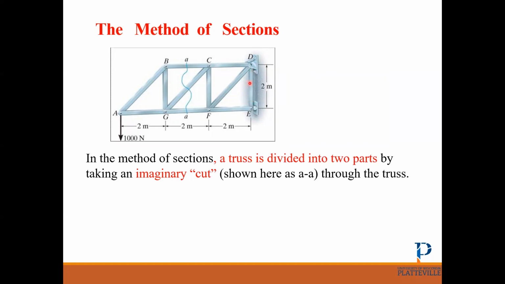If you want to use the method of joint, we need to analyze joint by joint to find BC, CG, or GF. But if we use method of section, we don't have to analyze all these joints. We use this cross-section, AA, as an imaginary cut.